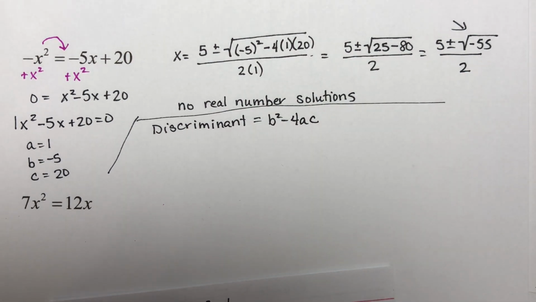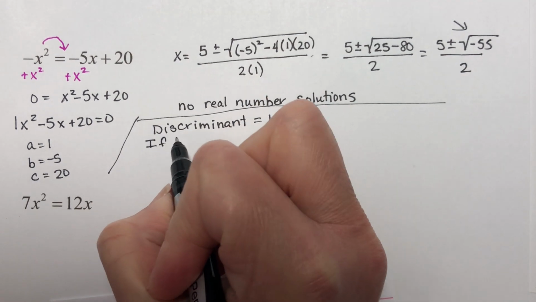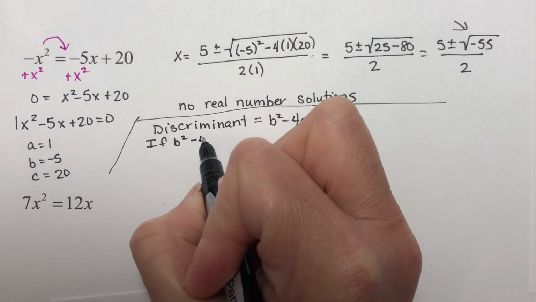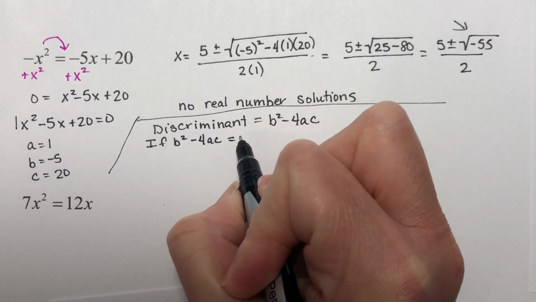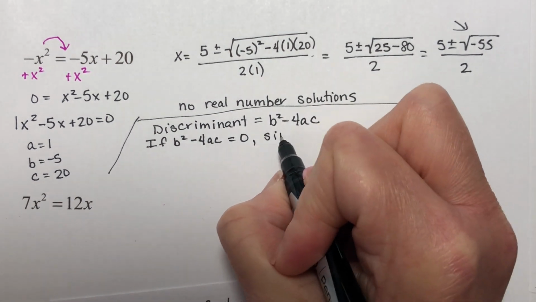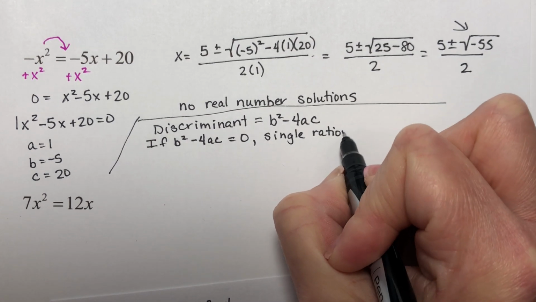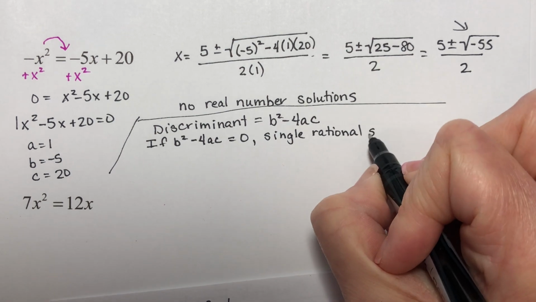And it can tell us a whole lot about what we can expect our answers to be. If b squared minus 4ac equals 0, then we get a single rational solution.